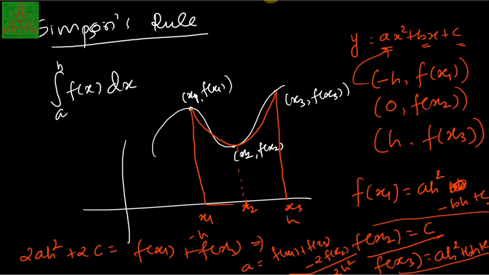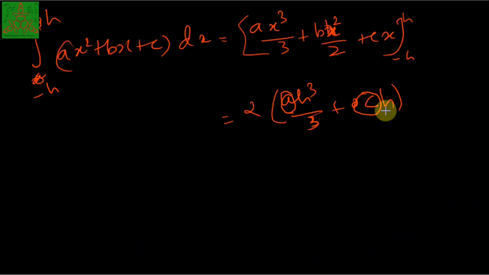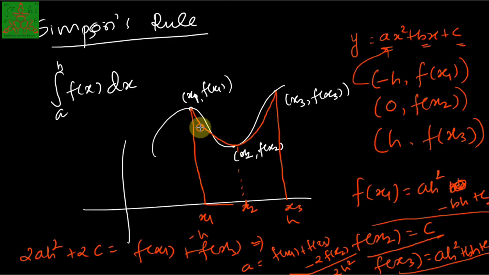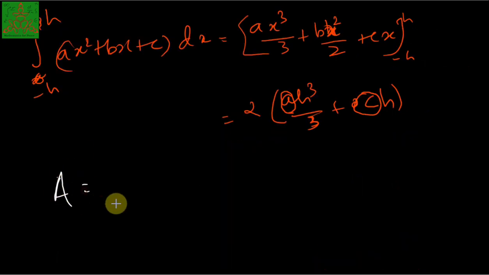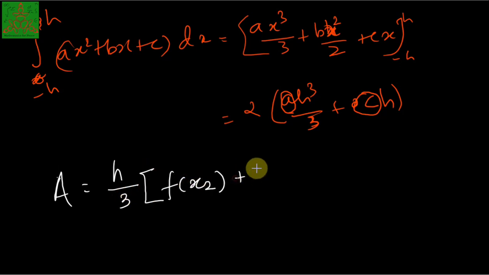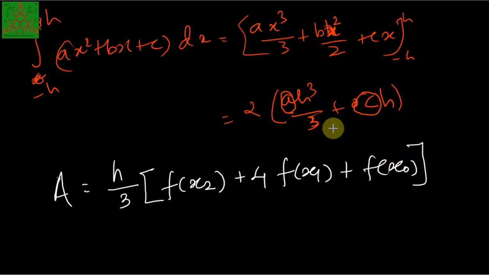If I substitute the values of a and c, then finally the integration, that means this area under this parabola, which is the approximate area of this curve, I can call it A, which is h by 3 times f of x2 plus 4 times f of x1 plus f of x0. I get this by substituting the values of a and c.